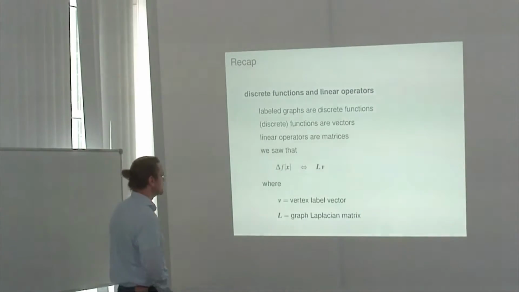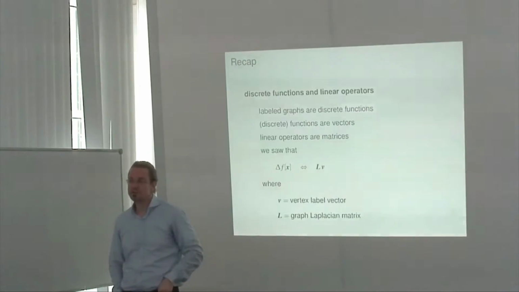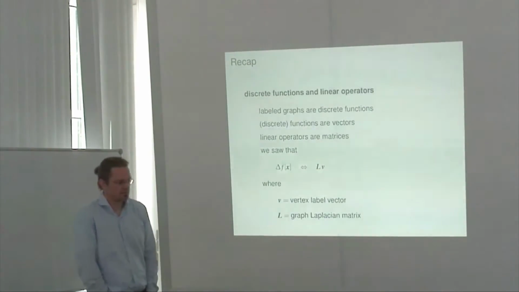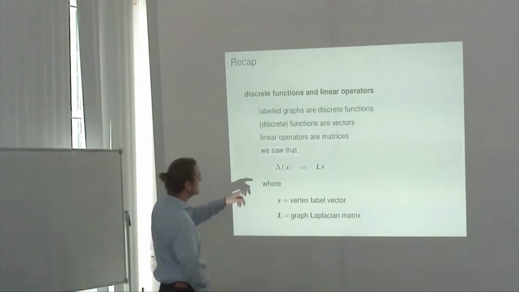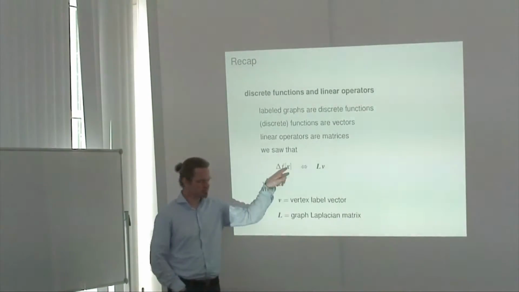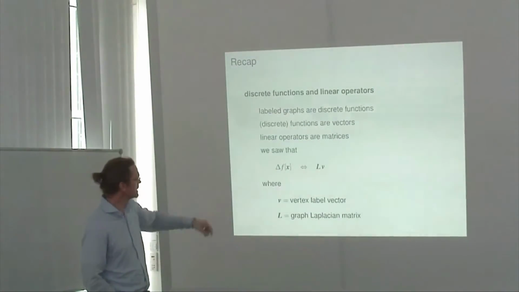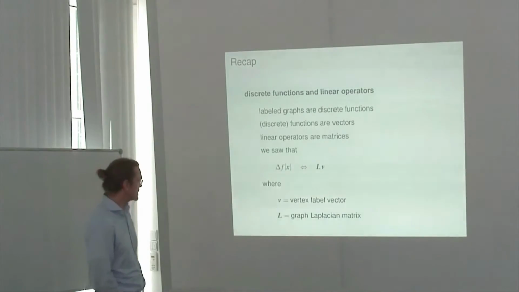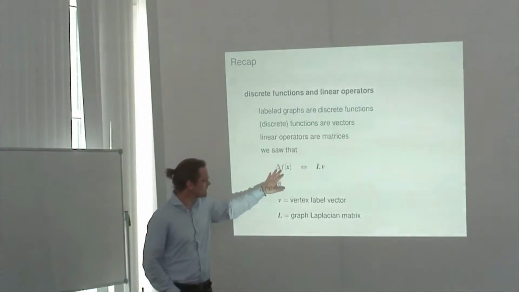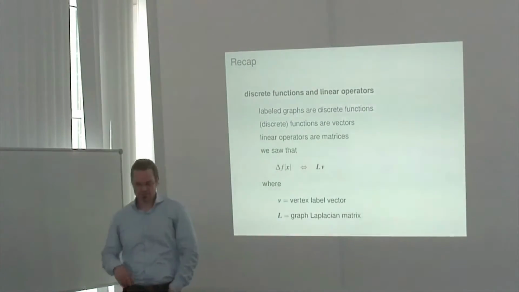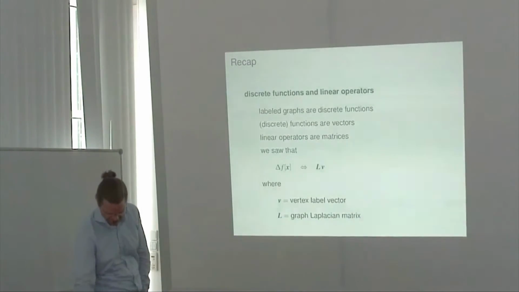If we represent the discrete function in terms of a graph and therefore look at the vector of all the vertex labels, then computing the Laplace operator of this discrete function is exactly the same as if we were to apply the graph Laplacian matrix to this vertex label vector. So there is a one-to-one correspondence between these two situations. They are identical.